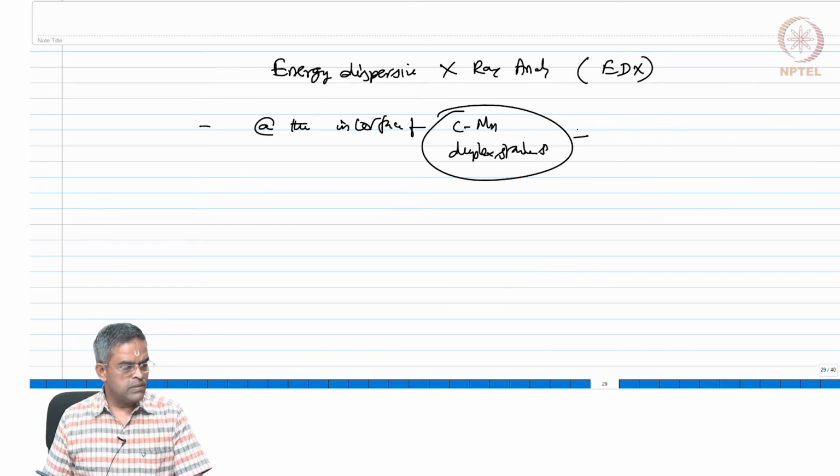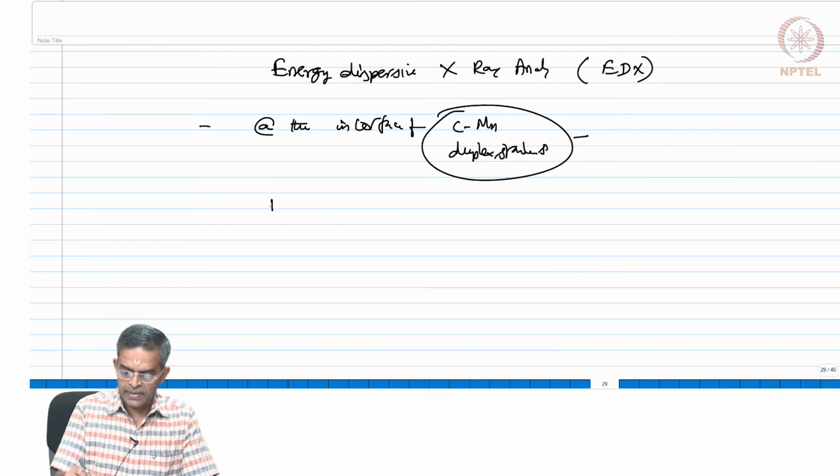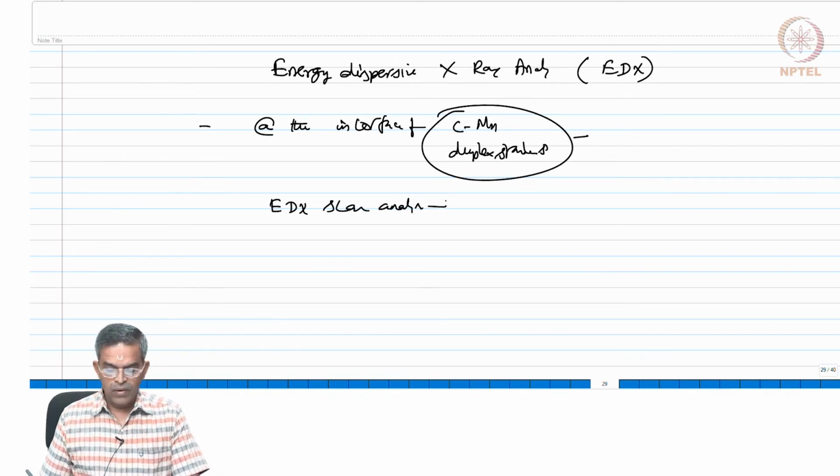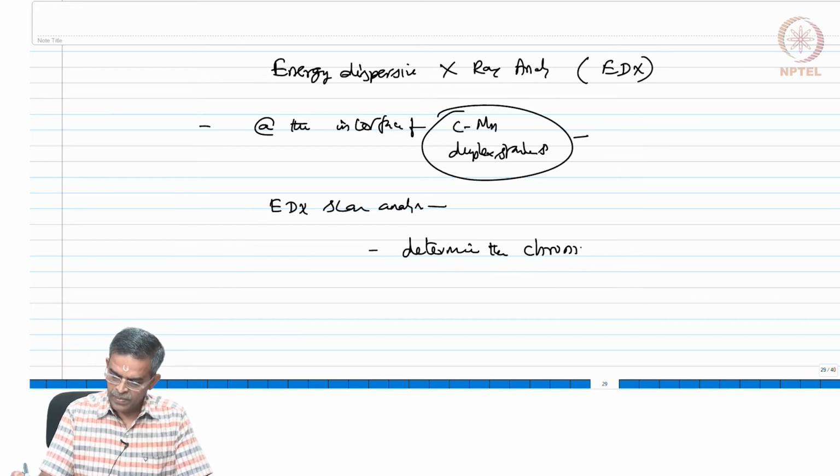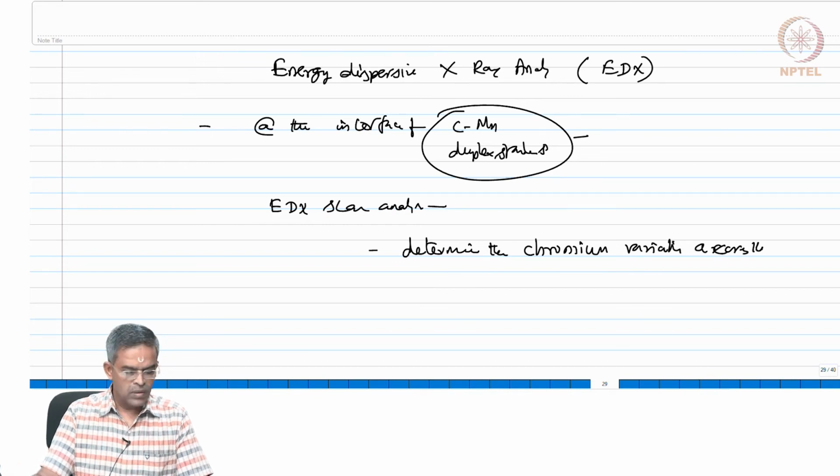An elemental EDX scan analysis is carried out. The purpose is to determine the chromium variation across the interface. That is the idea.